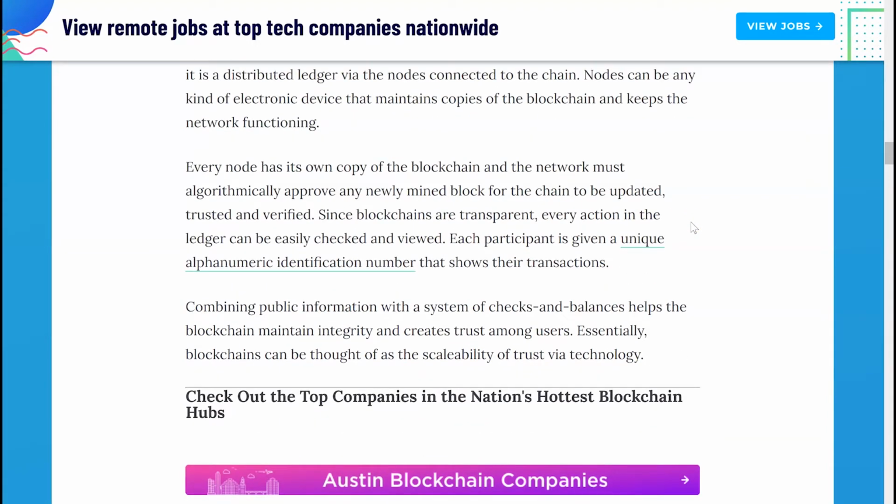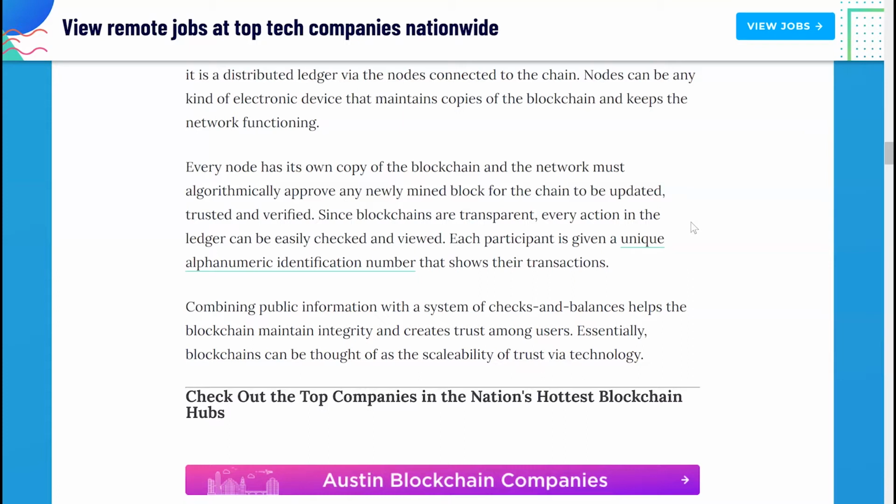Every node has its own copy of the blockchain, and the network must algorithmically approve any newly mined block for the chain to be updated, trusted, and verified. Since blockchains are transparent, every action in the ledger can be easily checked and viewed.